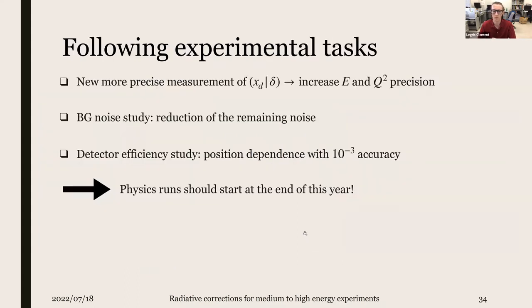For the following experimental tasks, we want to increase the precision on the momentum dispersion to be able to increase the energy and Q square precision for the determination of the proton charge radius, and reduce the remaining background noise. And we still need to determine the position efficiency and to see the position dependence. We will start the physics runs at the end of this year.